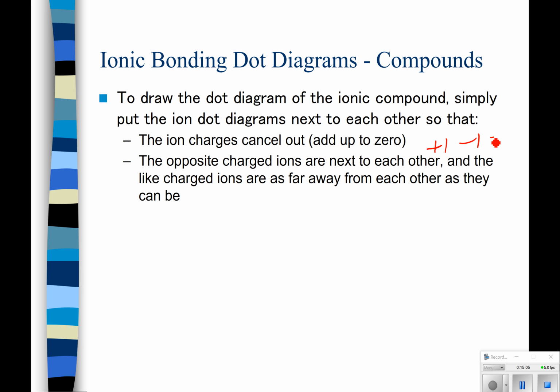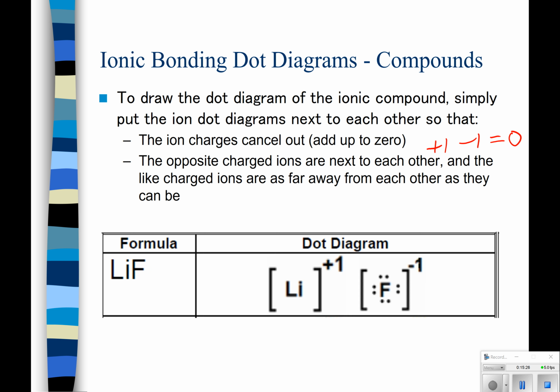We want to make sure that those charges add up to 0, given the different types of ions and their charges. The opposite charged ions are next to each other, and the like charged ions we want to try and put as far away from each other as they can be. Remember, because opposites are going to attract and like charges are going to repel.